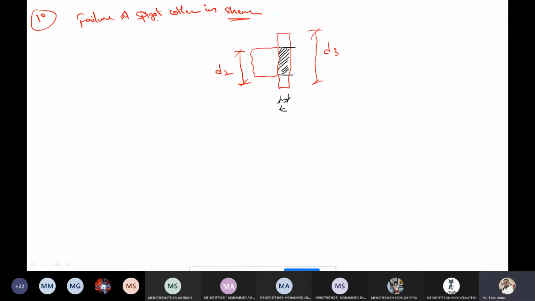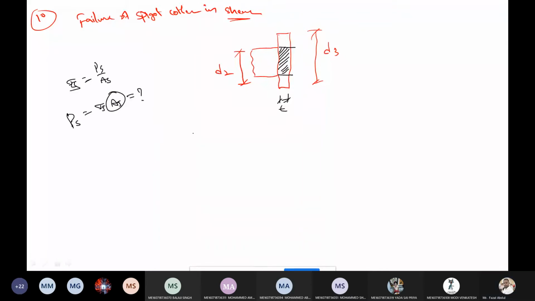Okay. Now due to shear, the shear stress is load by area. Now the shear load equals shear stress into shear area. Now the question is what is the area here?